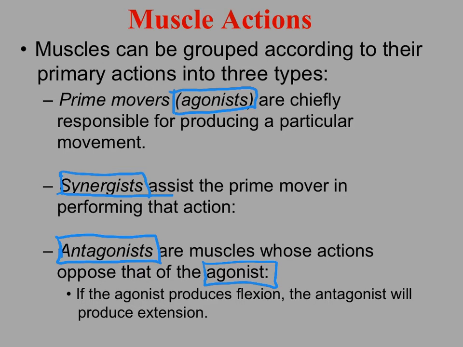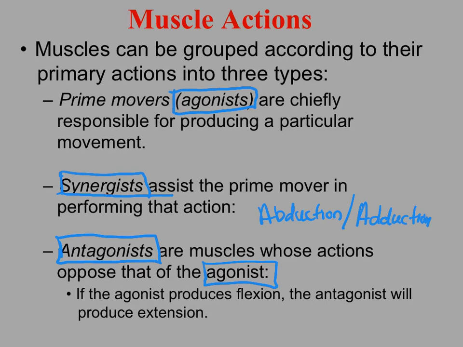So if we're talking about a movement like flexion, that's the action. The antagonist would perform extension. If we're talking about the action abduction, what would be the type of movement that is exactly the opposite of that? That would be adduction.